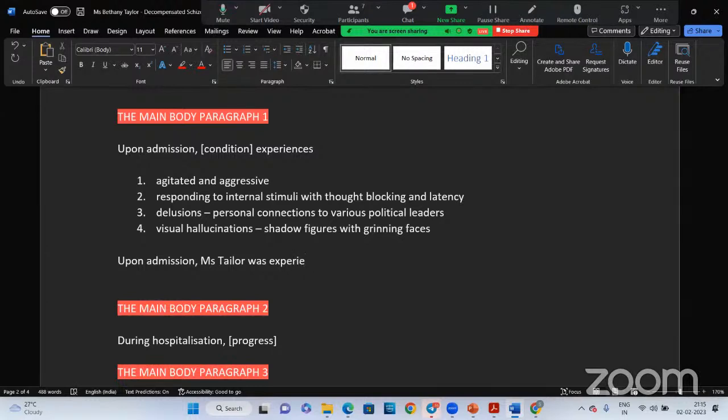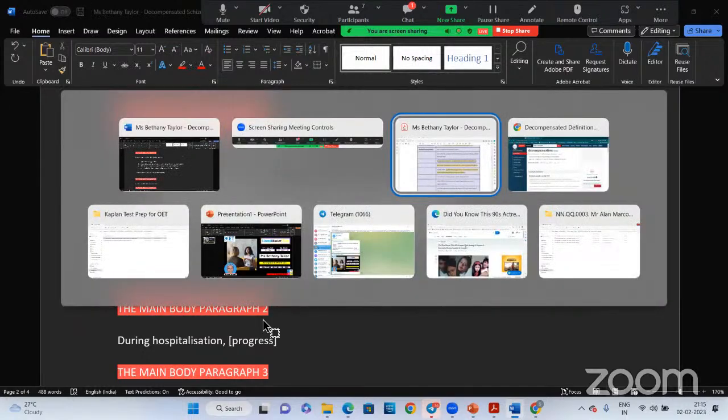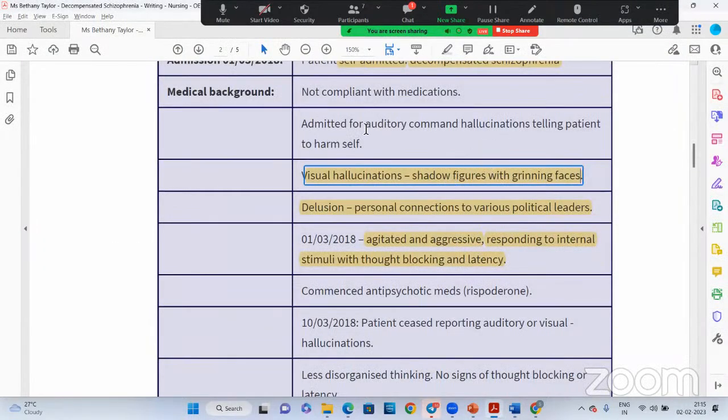Because it was admission time, and now it is discharge time, so past tense. All these things are there, right? Admitted for auditory command hallucinations, telling the patient to harm herself.